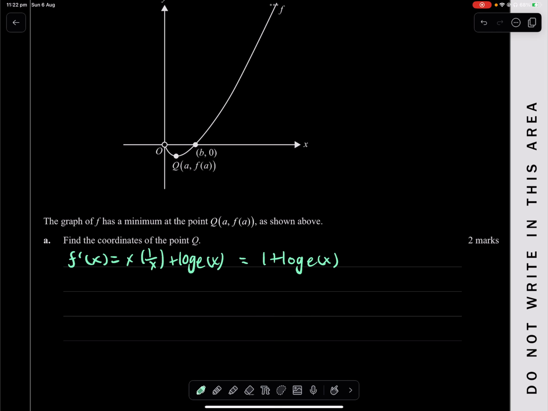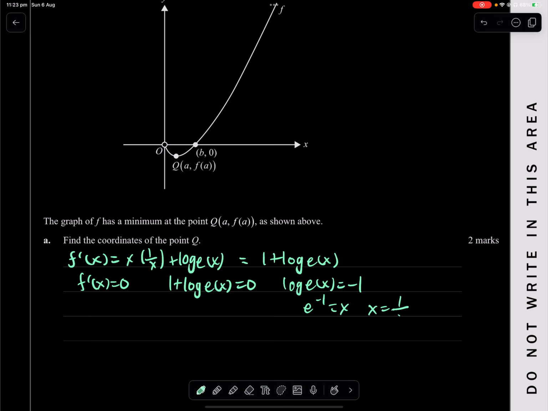We want to find the coordinates of Q, so we let f dash of x equal 0. Therefore 1 plus log e of x equals 0, so log e of x equals negative 1, and e to the negative 1 equals x. So x is actually 1 over e.